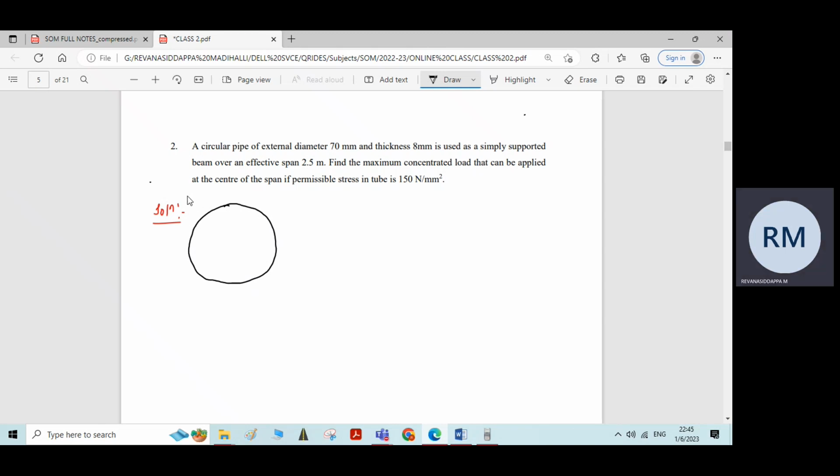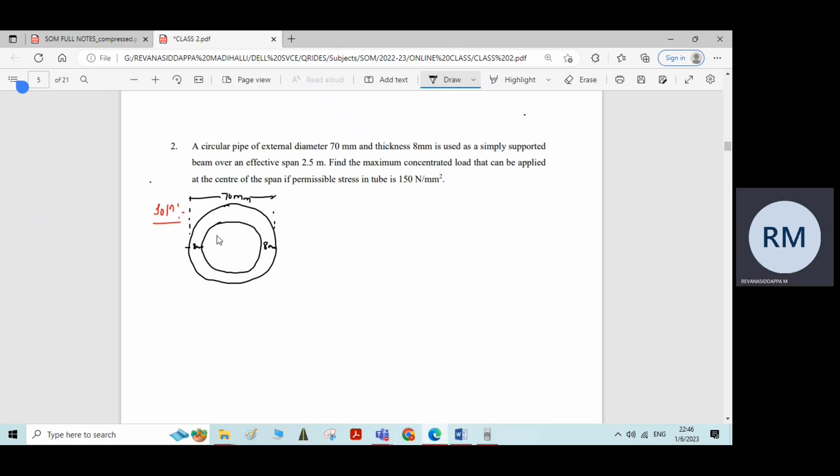of external diameter 70 mm, and thickness is 8 mm.